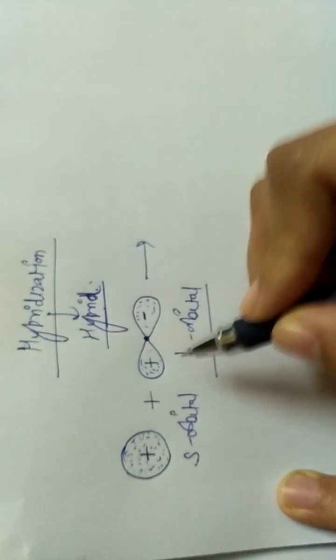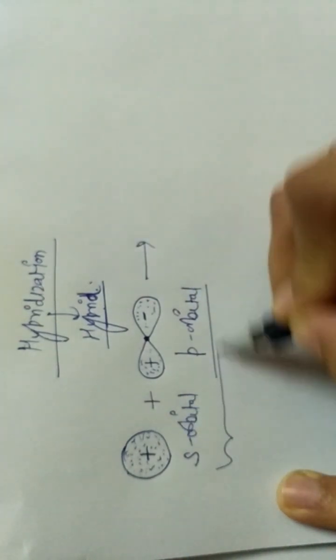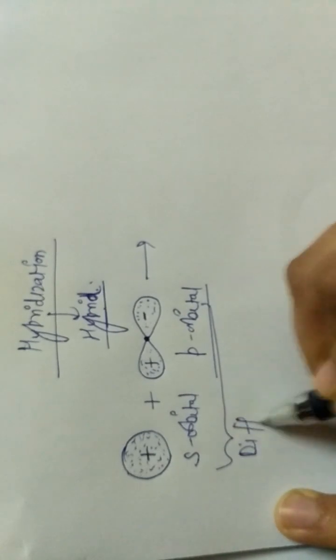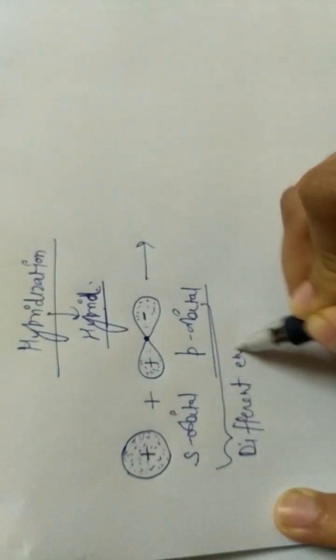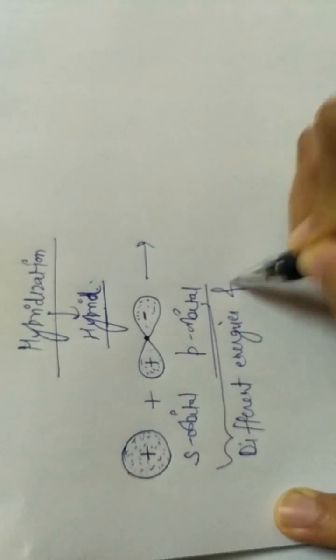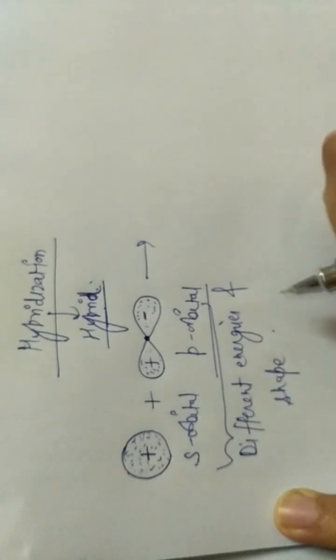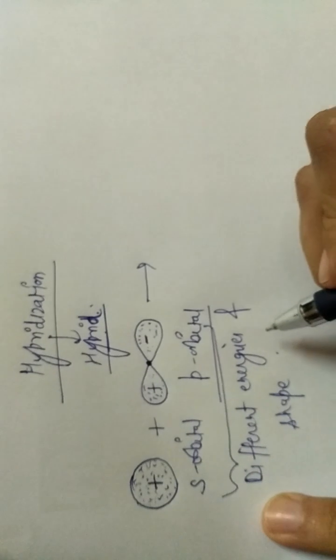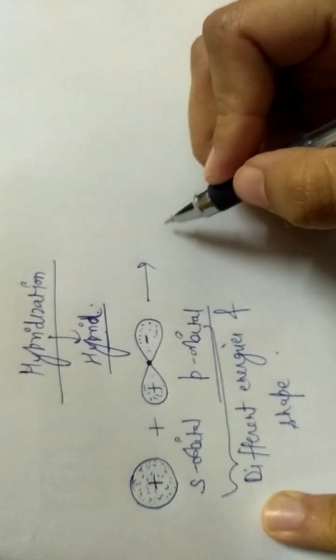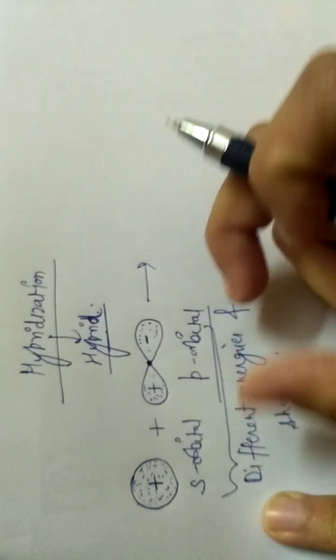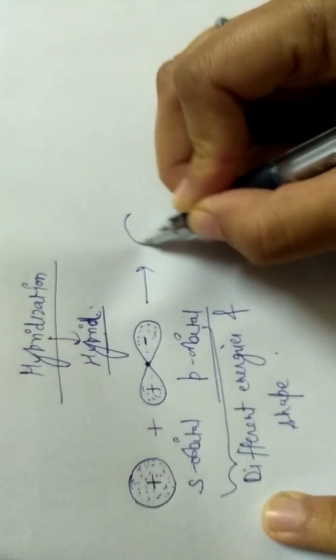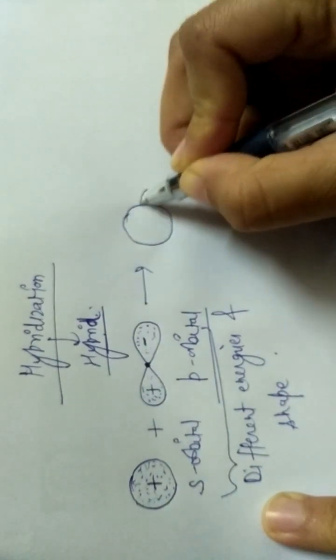So what is hybridization? They have different energies and shape. Now in order to form a hybrid orbital, these two orbitals, that is s and p, undergo overlapping like this.